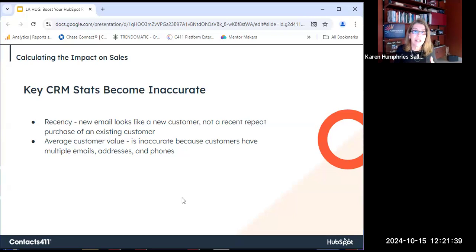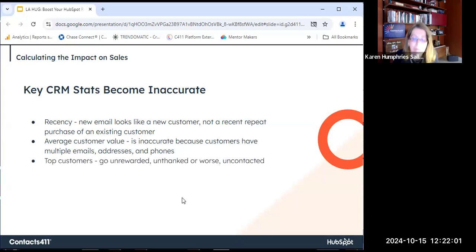Why is that important? Because then you won't know an accurate number for a top customer, and you won't know how many customers you lose if you lose one of them. So all these value numbers to really know your ROI won't be accurate.